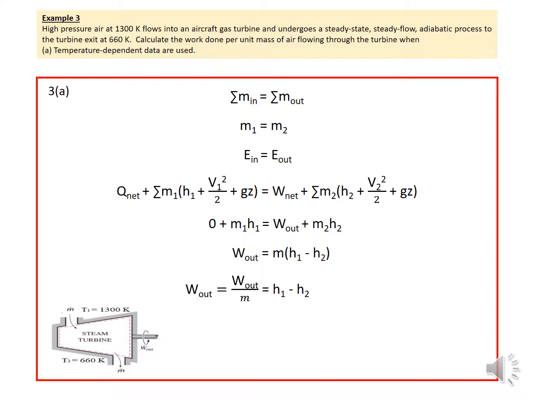W out equals M multiplied by (H1 minus H2), so W out over mass equals H1 minus H2, which is 1395.97 minus 670.47. Then W out equals 725.5 kilojoule per kilogram.